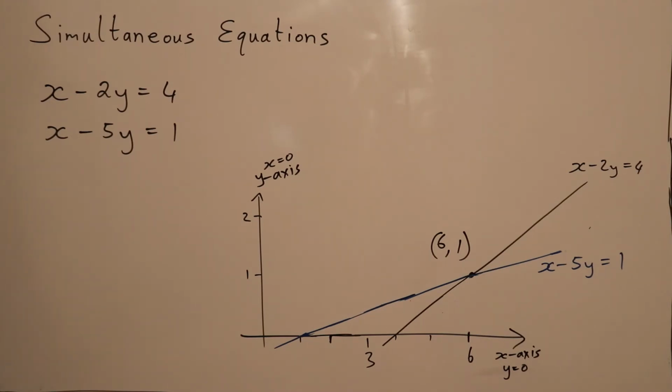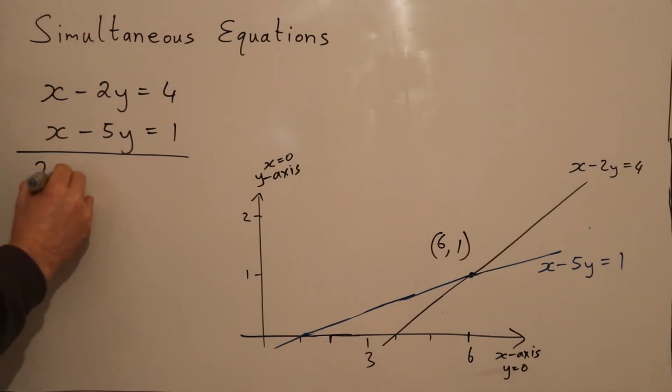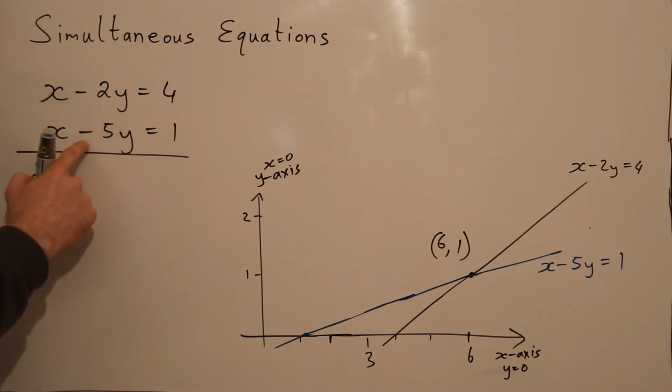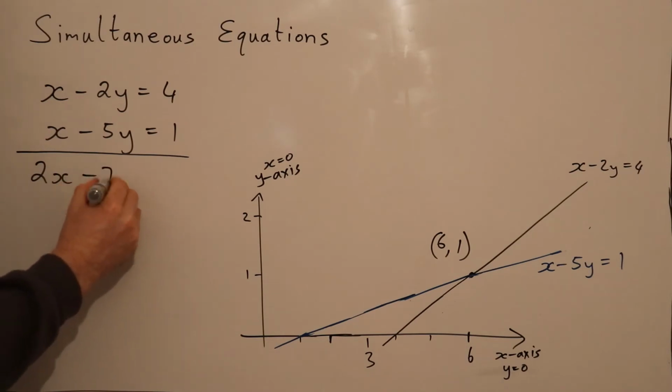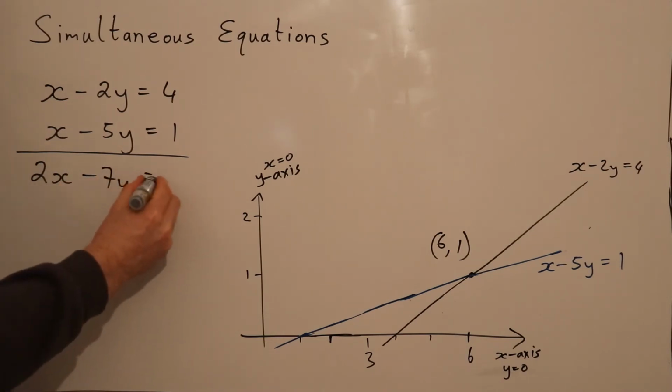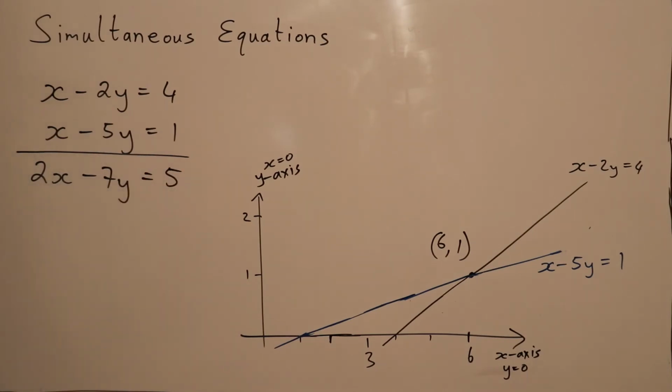Let's try the same technique as we did with our last pair of equations. They're both plus, so we're adding 1x and 1x, that's going to give me 2x. Minus 2y and minus 5y. Well, if I lost 2 and I lose another 5, I've lost 7. And plus 4 and plus 1 makes 5. We can see we have a problem here.